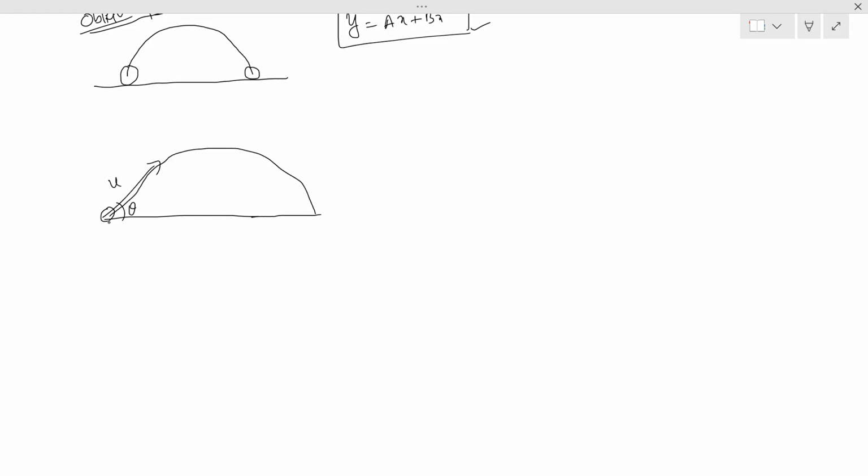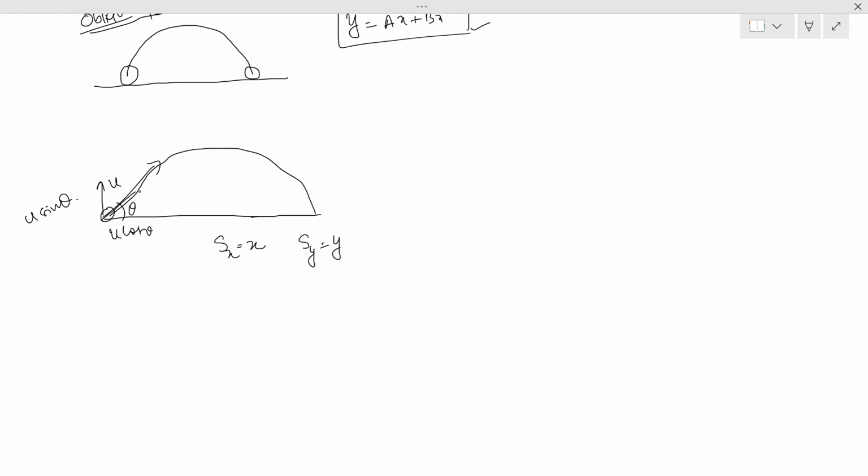The component along the theta side is u cos theta, and the other side is u sin theta. Let us take displacement along the x-axis as x and displacement along the y-axis as y.